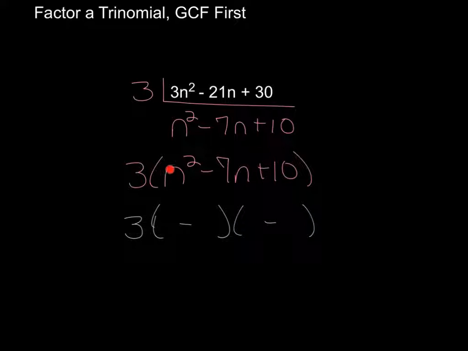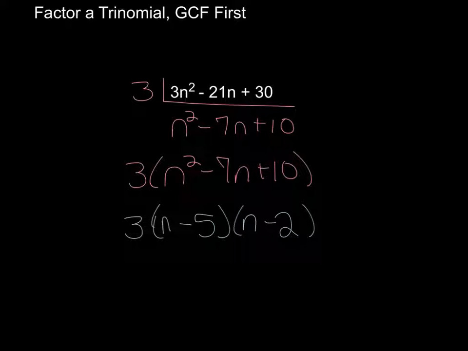My first term, n squared, is n times n, and then I need factors of 10 that add up to 7. What would that be? 5 and 2, right? 5 times 2 is 10. Negative 5 plus negative 2 is negative 7.